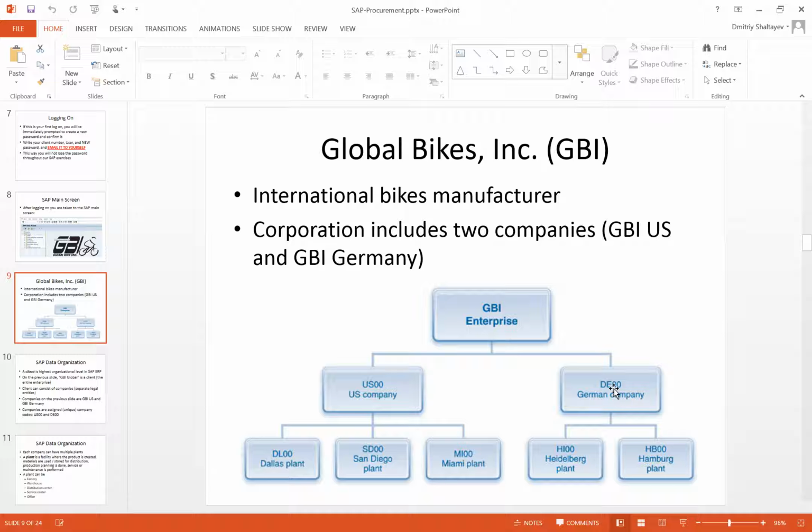You can see that the German company also has a couple of plants under the company ID. One of them is northern, another southern. So the idea basically is they have two distribution centers, one of them serving Northern Europe, another Southern Europe. But our focus is going to be primarily on the US distribution structure.